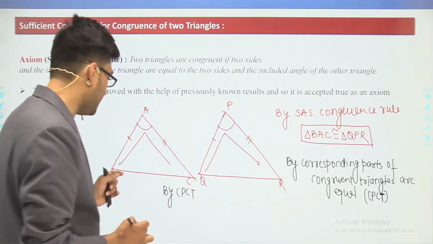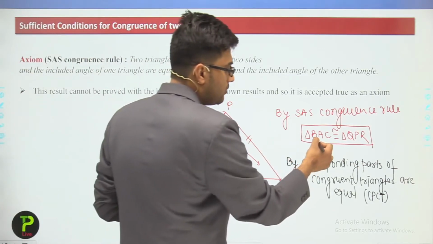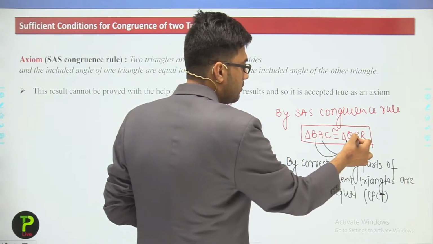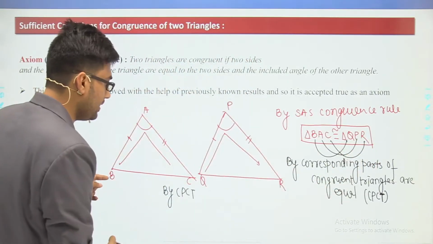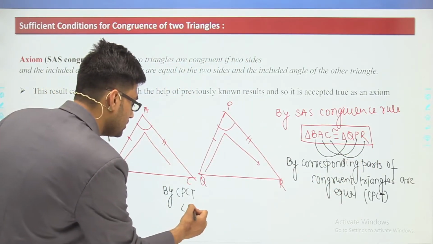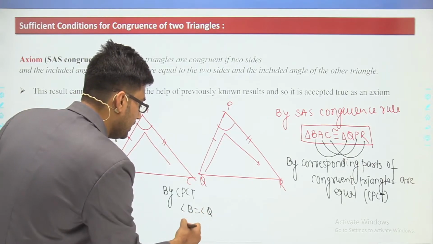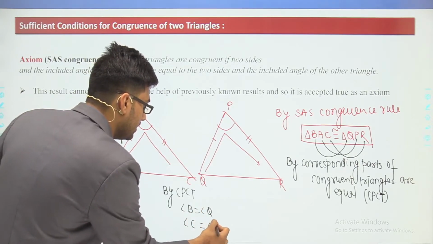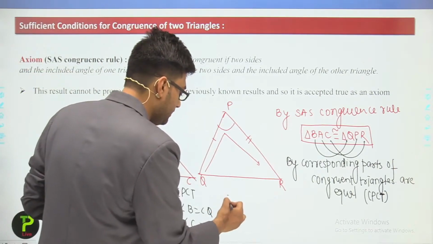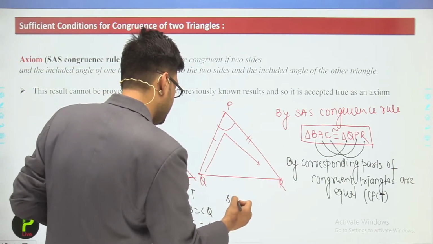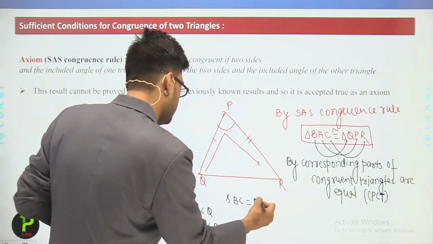So by CPCT, we can say that students, B corresponds to Q, A corresponds to P, and C corresponds to R. So we can say that angle B is equal to angle Q and angle C is equal to angle R. This is CPCT. And side BC is equal to QR.